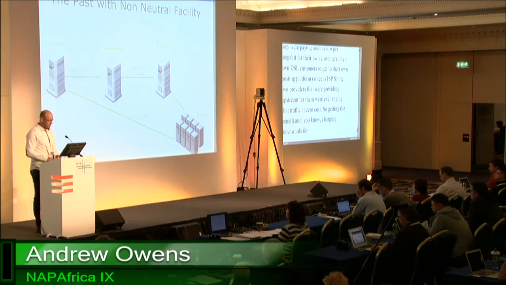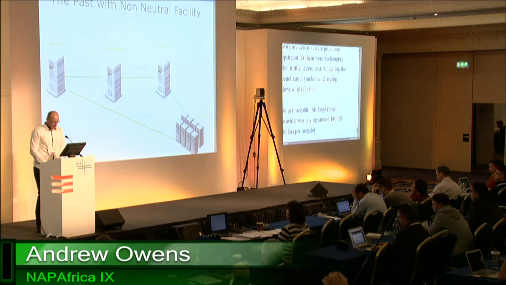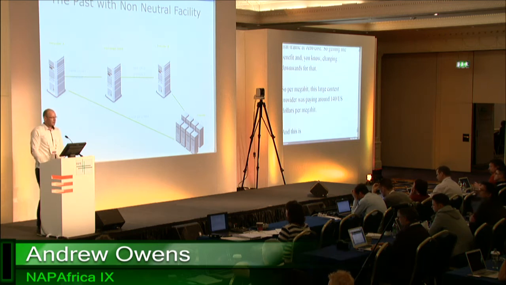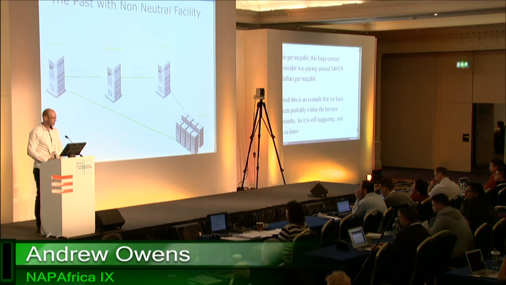So per megabit, this large content provider was paying around $140 US dollars. This is an example that we've seen probably within the last 2 months, so it is still happening. And most of this is transit, so it's layer 3.